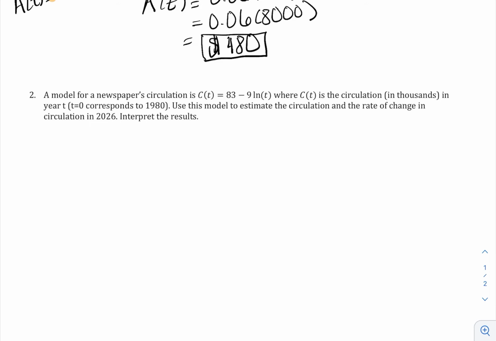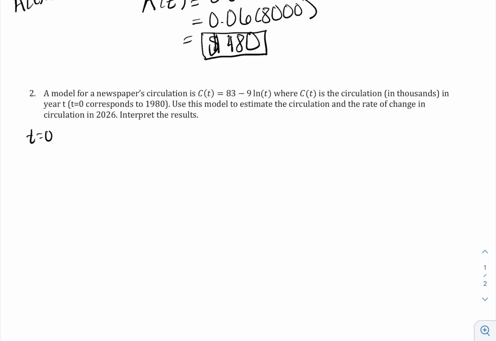Now, sometimes when people read a word problem, they blindly read. So read it once and then go back to see what your function represents. So your function represents a newspaper circulation. The circulation is in thousands, and the year t represents how many years after 1980. So t equals 0 is 1980.